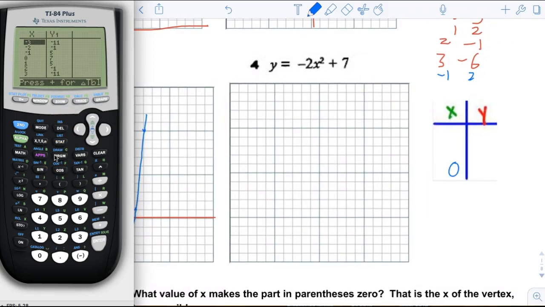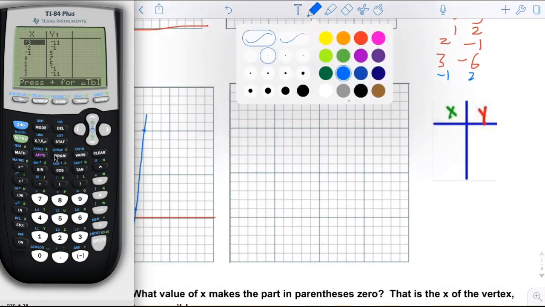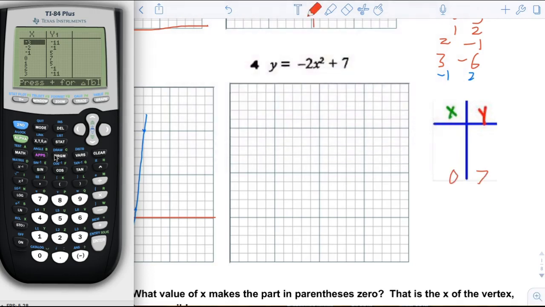0, 7 appears to be our vertex, and we got 1, 5, and we got 2, -1, and we got 3, -11. We got -1, 5, and we got -2, -1, and -3, -11. So it looks like we got some positive values, some negative values, so we'll just put the grid right in the middle.